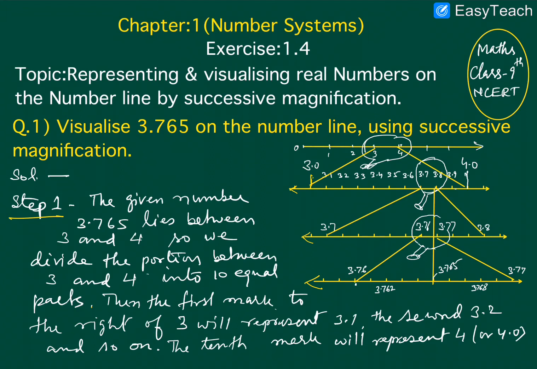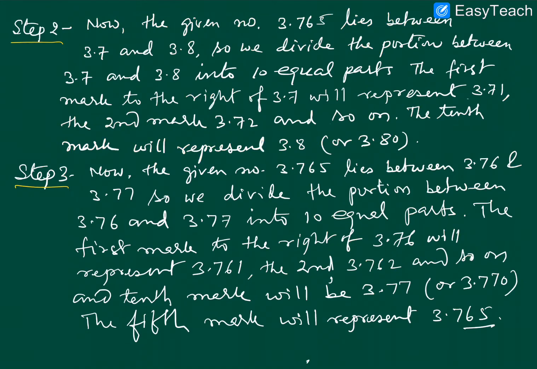So we have taken the help of a magnifying glass here. Now the given number, which is 3.765, lies between 3.7 and 3.8. So we divide the portion between 3.7 and 3.8 again into 10 equal parts.